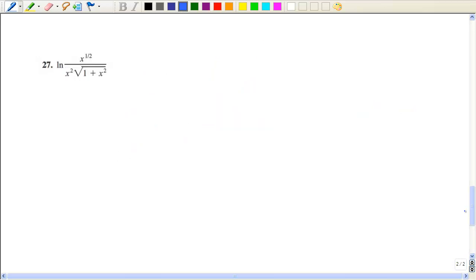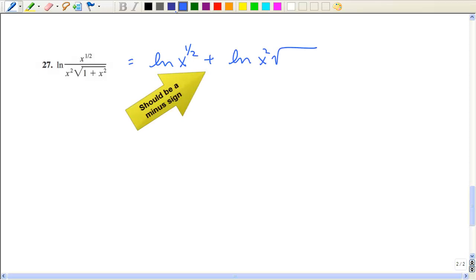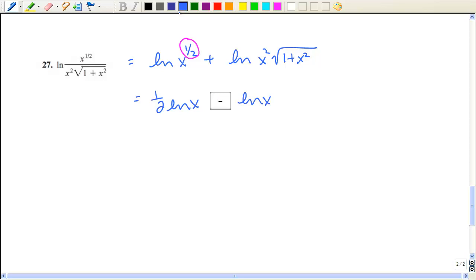Okay, again we have division. So I'm going to take the log of the numerator minus the log of the denominator. All right, I'm going to take this exponent and move it as a coefficient. And I'm going to rewrite this square root as a 1/2 power. Now notice here I have the product. These two things are multiplied together.